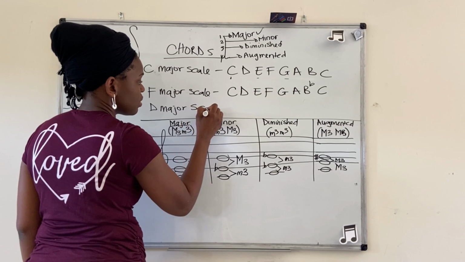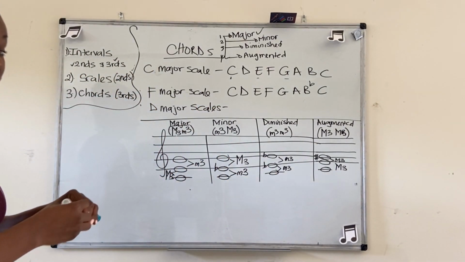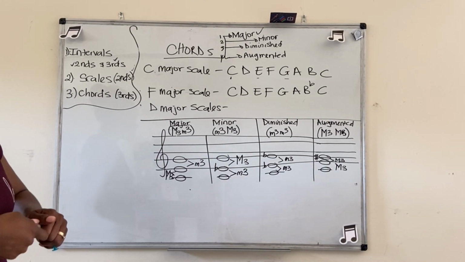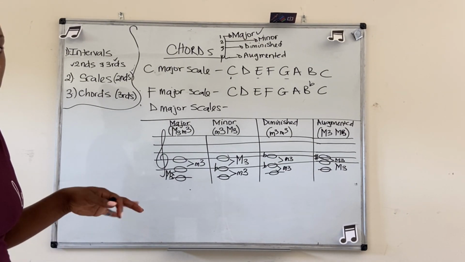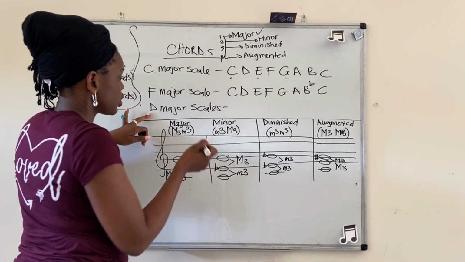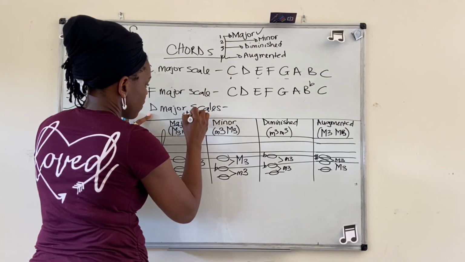I'll probably be doing some videos on more about the scales and the circle of fifths. Let's see how it goes. Tell me down below if you want to see videos regarding that. So our D has two sharps, which are F sharp and C sharp.